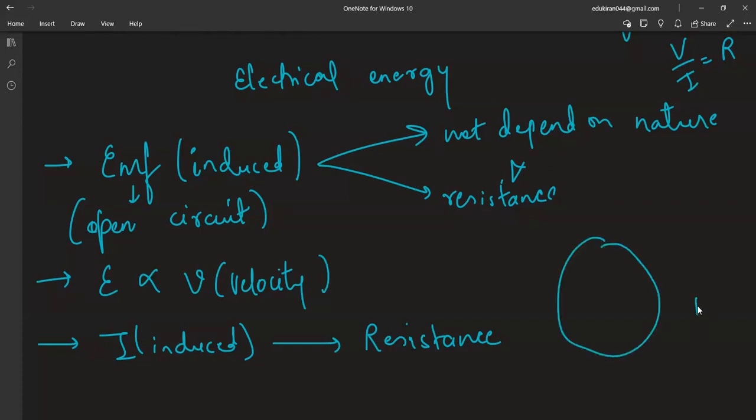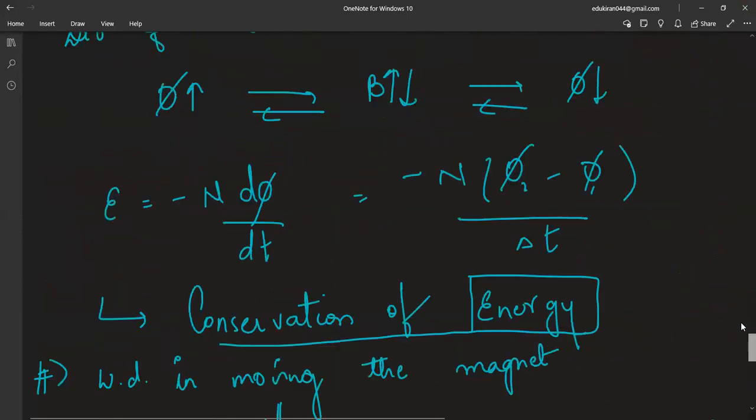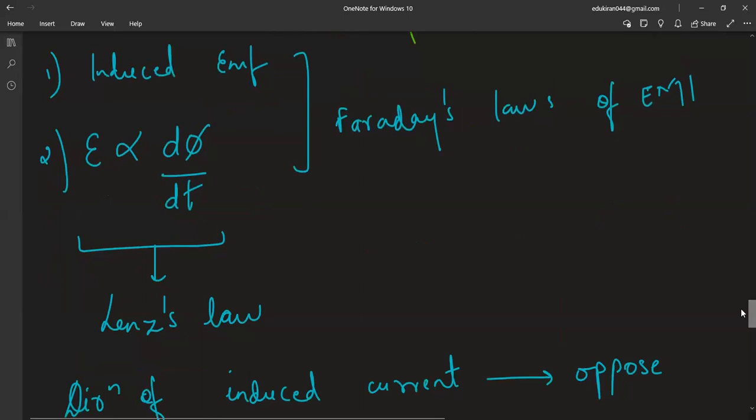Coil is there, magnet is there. This is coming close, this is moving away. Magnetic flux is changing, either increasing or decreasing. So there is a relative speed of its movement. EMF is directly proportional to that. Otherwise, voltages and EMFs are almost same. All right, start writing it from here. Questions we'll see based upon the formula E is equal to this formula.